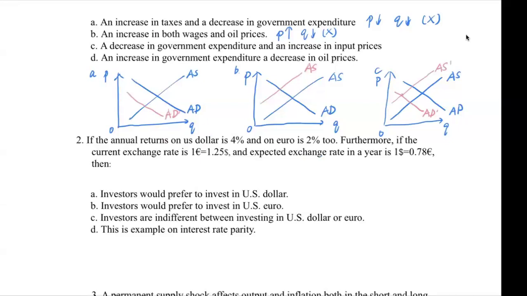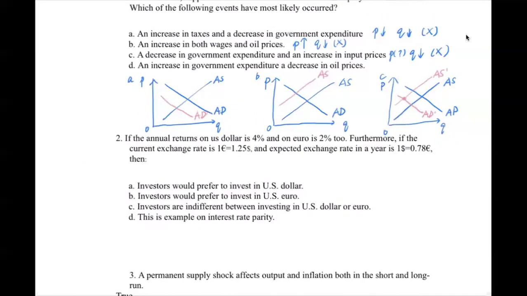Now we don't know the direction of the price change because we don't know how much AS and AD move. So price we don't know, and quantity we definitely know will decrease. So for C, not true.